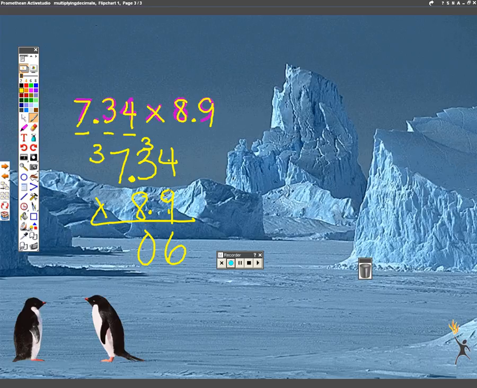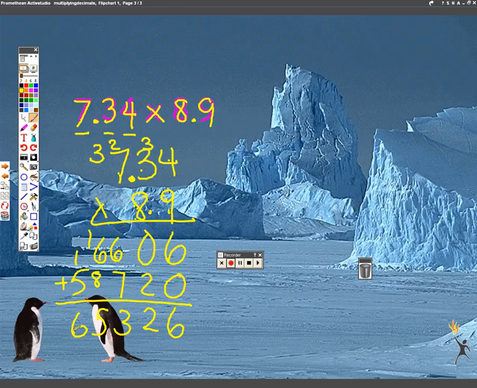Carry the 3. 9 times 7 is 63 plus 3 is 66. Placeholder because I'm moving over a place. 8 times 4 is 32. Carry the 3. 8 times 3 is 24 plus 3 is 27. Carry the 2. 8 times 7 is 56 plus 2 is 58. Add it down. 6, 2, 3. Carry the 1. 5. Carry the 1. 6. 6, 5, 3, 2, 6.